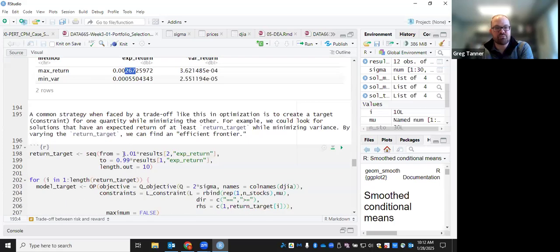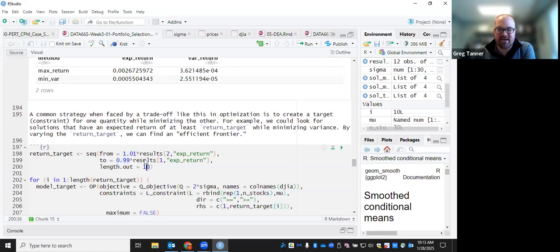So the way I've set this up is I've made some return targets that go from just above this value as the starting point at the lower end of what I might use as my target for return, up to just under this value for the upper end of what I could use as my target for return.